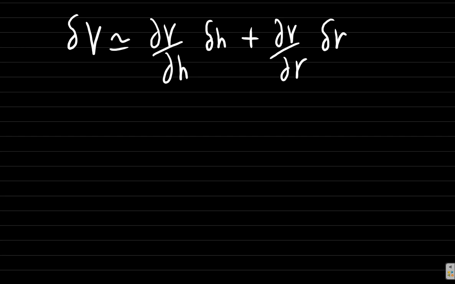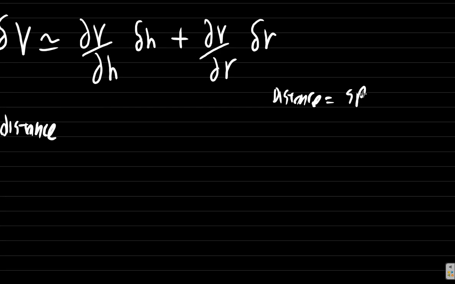Now, here we could, for example, consider this particular equation as distance. Say you're looking at distance. Alright? You have a change in distance. We know that distance is equal to speed multiplied by time.